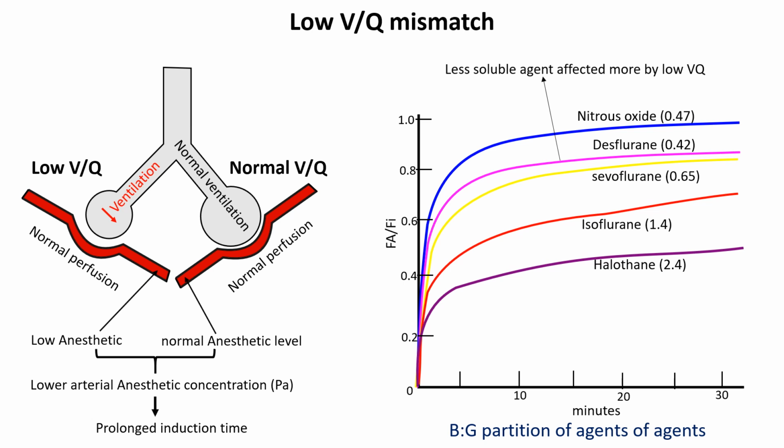On the other hand, highly soluble anesthetics like halothane dissolve readily in the blood. Because they are absorbed more easily, even if ventilation is reduced in certain areas, the blood still takes up the anesthetic efficiently. This means that the arterial concentration is less affected by low ventilation in some lung regions.